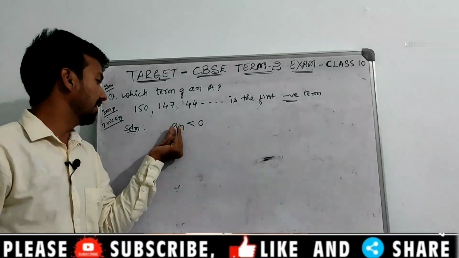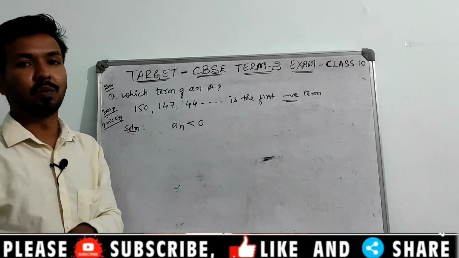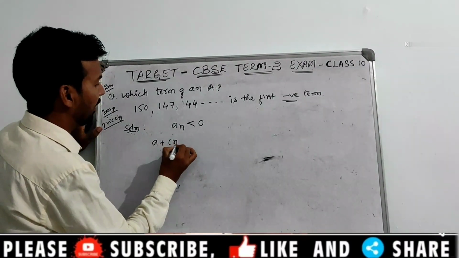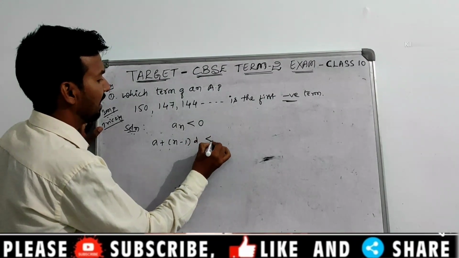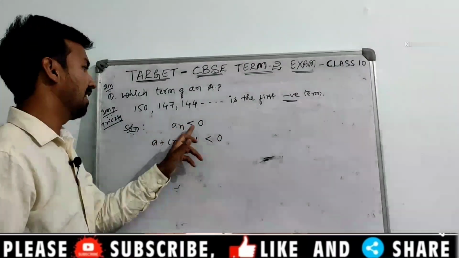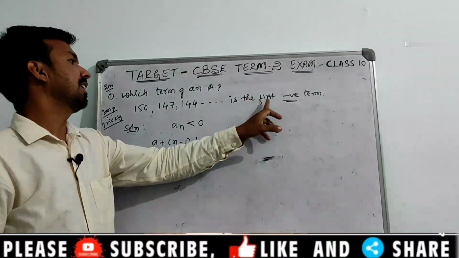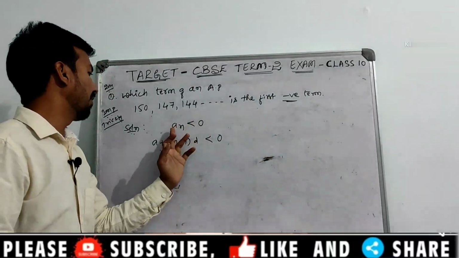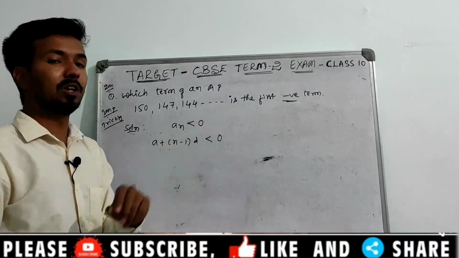Here we consider An is lesser than 0. All of you understand? Negative means it is lesser than 0. Therefore written as An is lesser than 0.